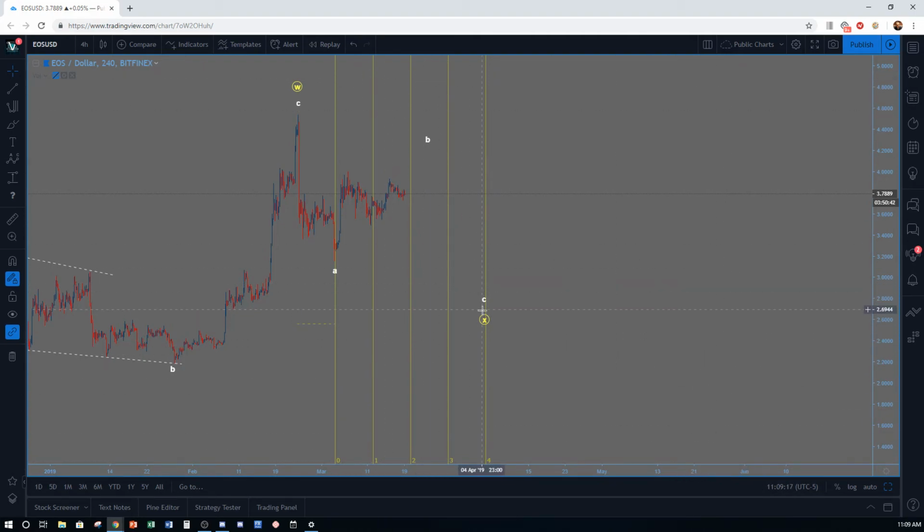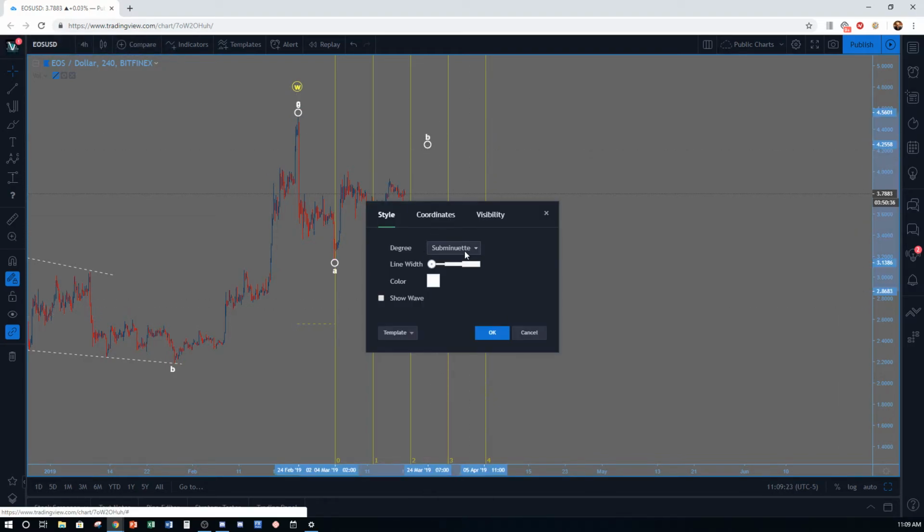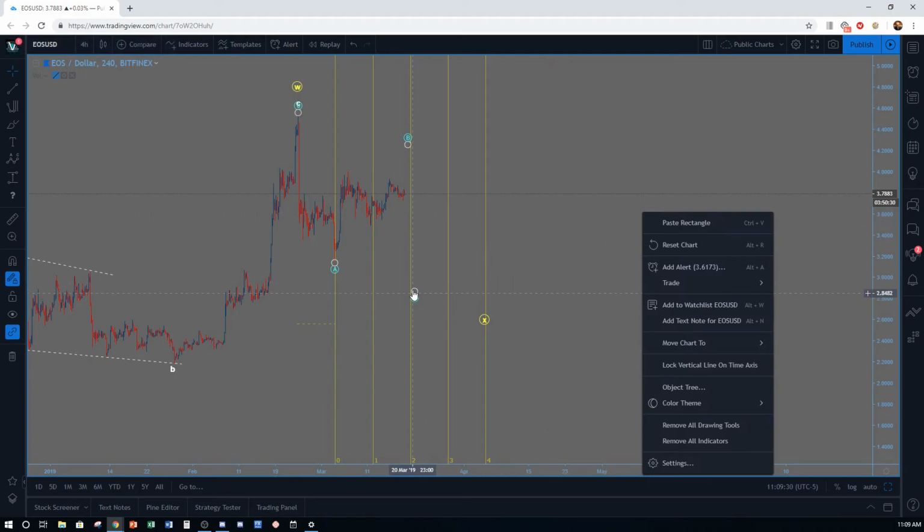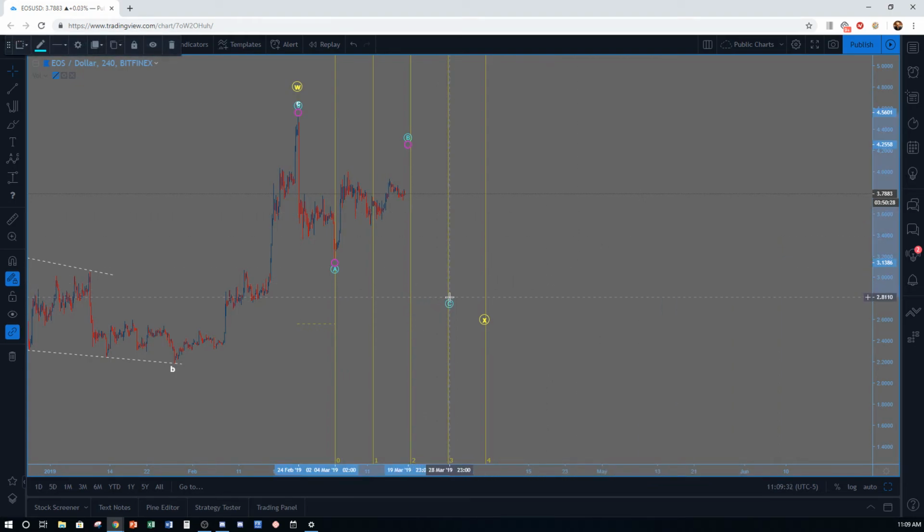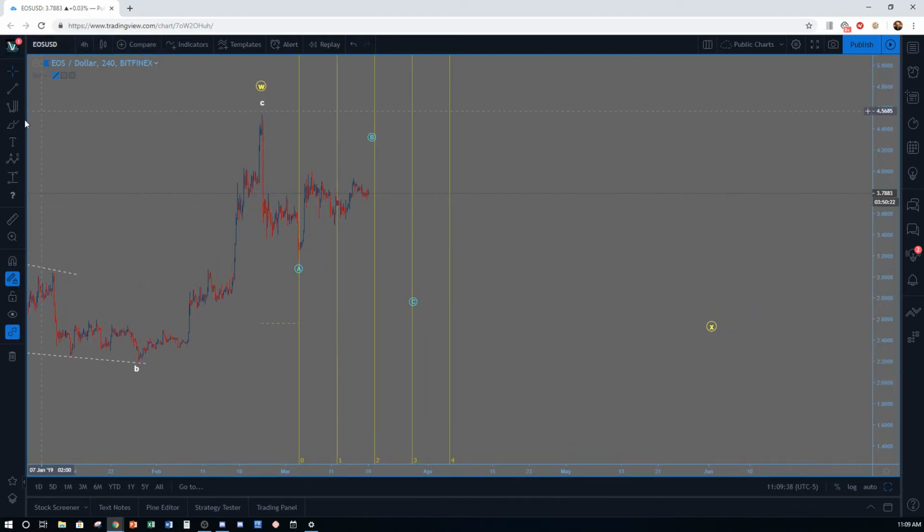Could that be our entire X wave? I think it actually seems pretty likely that it's not, and that we end up making something more like this.